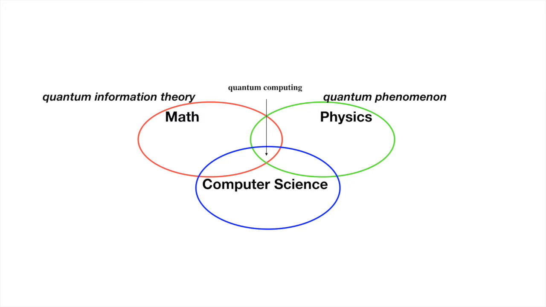So they developed a new mathematical system to describe the evolution of the quantum system. It is called quantum information theory. After that, some computer scientists found that it is potentially possible to use those phenomena to accelerate existing algorithms.